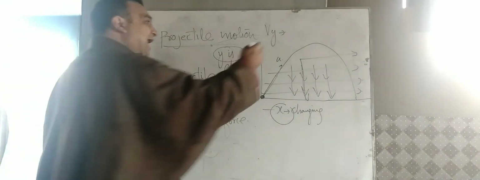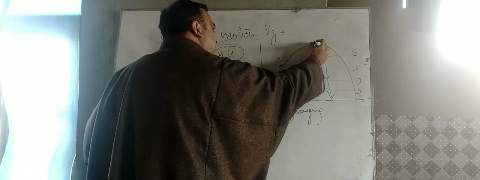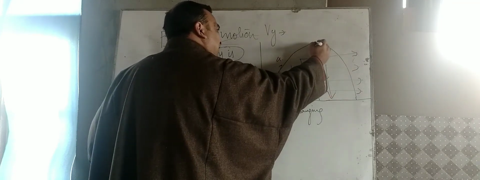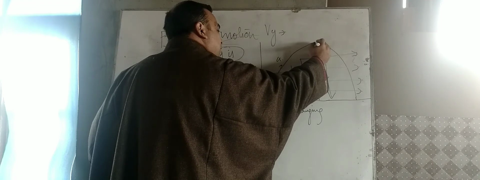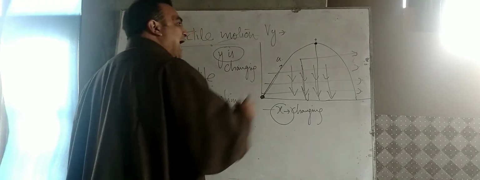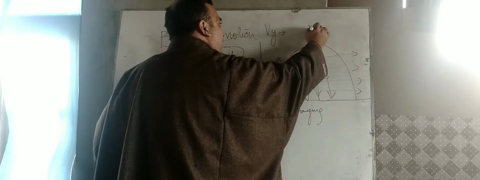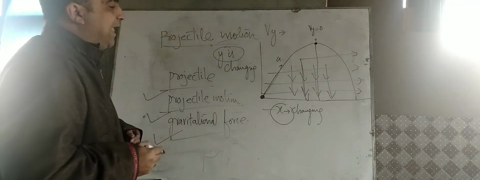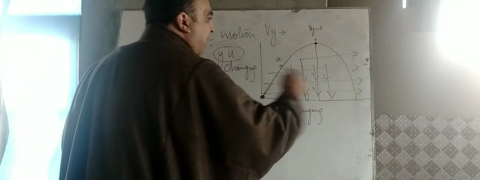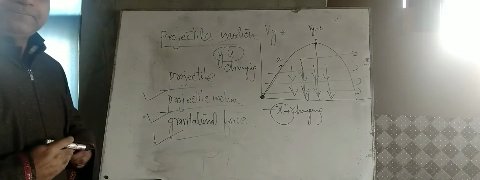If this is the maximum height of the projectile, there will not be any motion in the vertical direction at this point. At this point, Vy must be 0. Other than this point, there is a value for Vy at every point on the projectile's path.